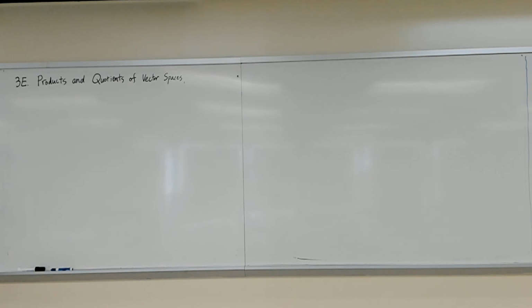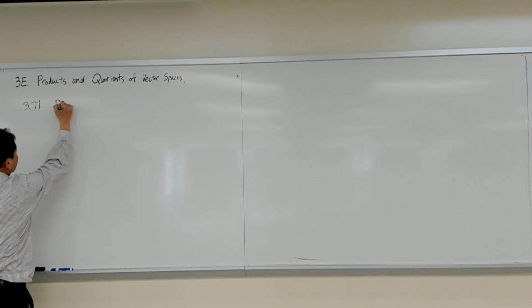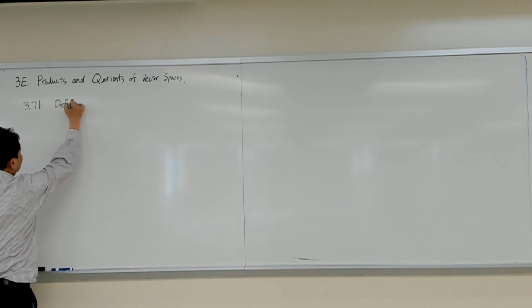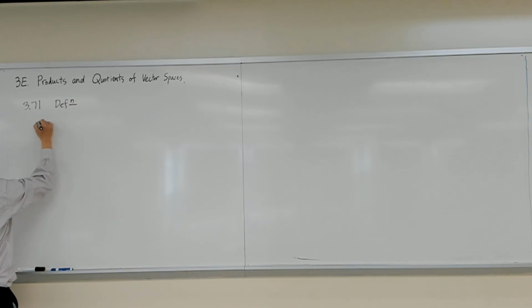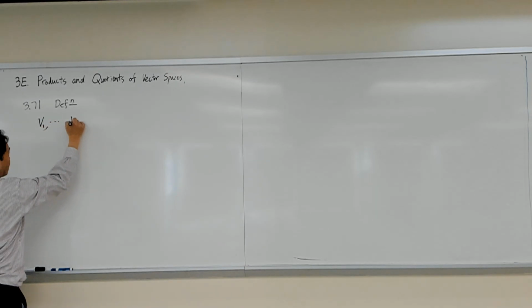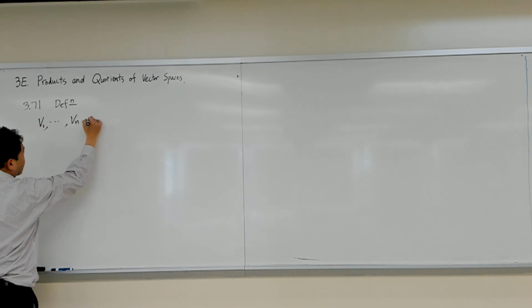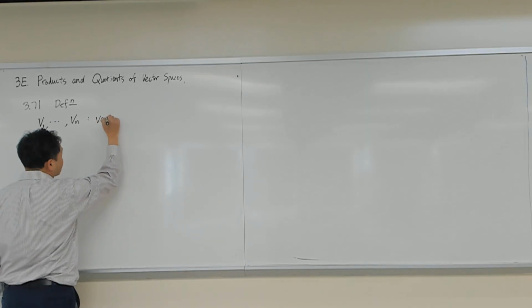Let's continue with chapter 3 today, products and quotients of vector spaces. So first, 3.71, we have the definition. If you have V1 through Vn, all of these are vector spaces.